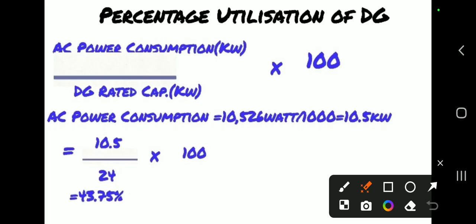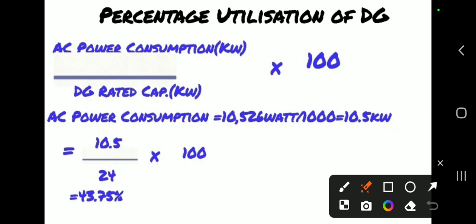So if we express that in percentage, we convert the 10,526 watts back to kilowatts by dividing by 1,000, which gives us 10.5 kilowatts.